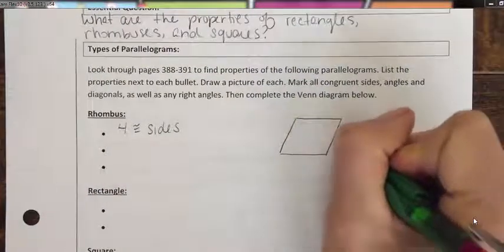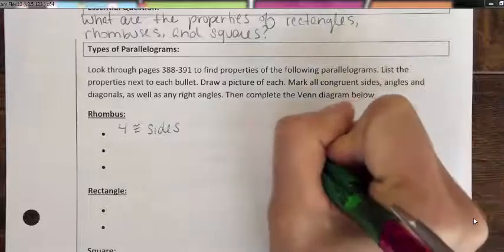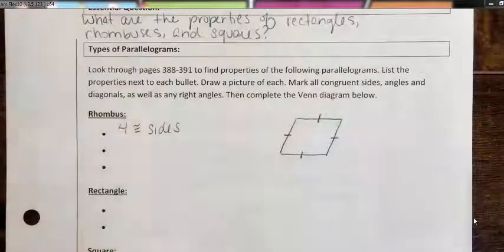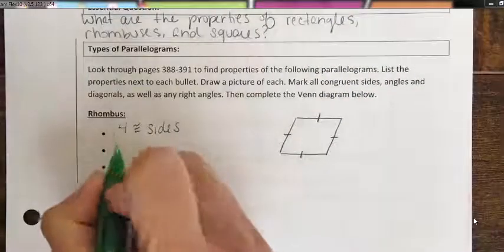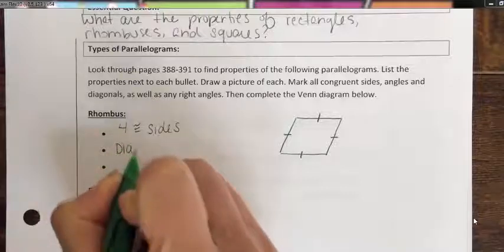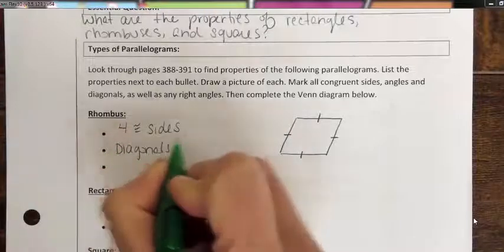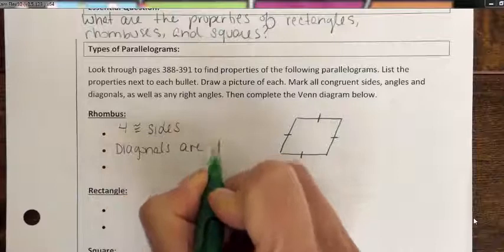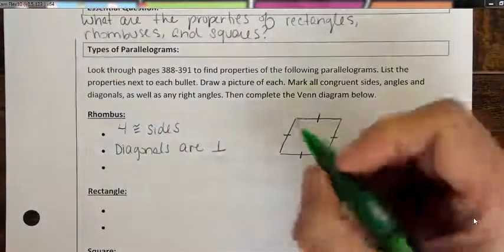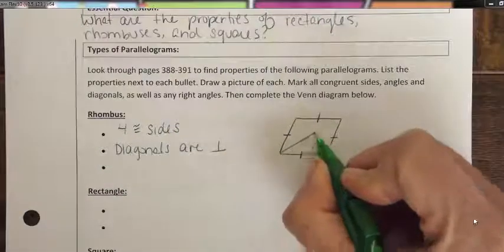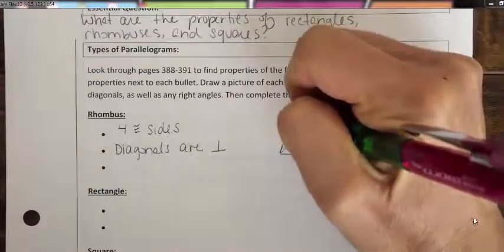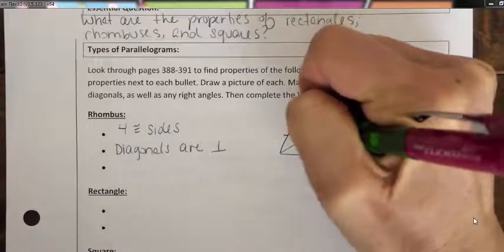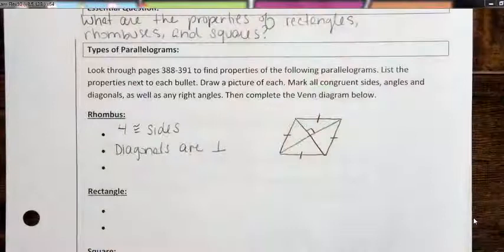It doesn't have these 90-degree angles, but all 4 sides are congruent. The diagonals are perpendicular. So if you draw your diagonals, they're going to form 4 90-degree angles or 4 right angles.